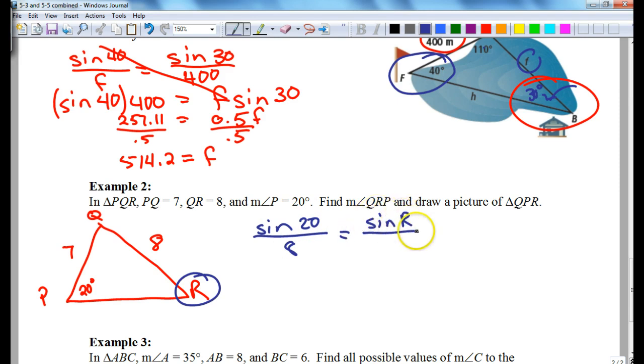Yep. Perfect. Okay. So notice that 7 is across from R, so that's why it's matched up there, and 8 is across from 20. So cross multiply. You have 7 times sine 20 and 8 times sine R.